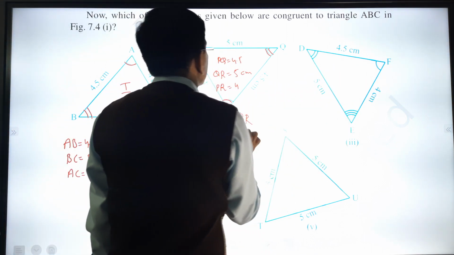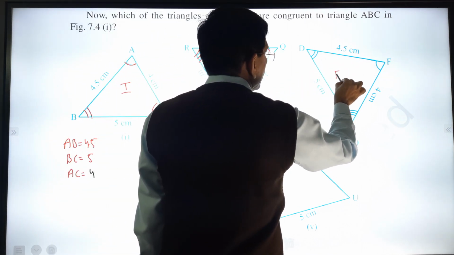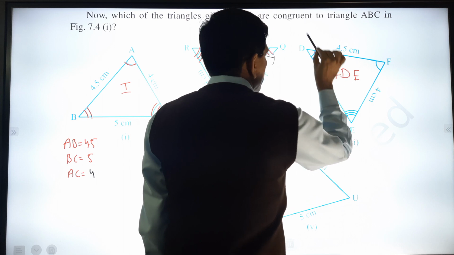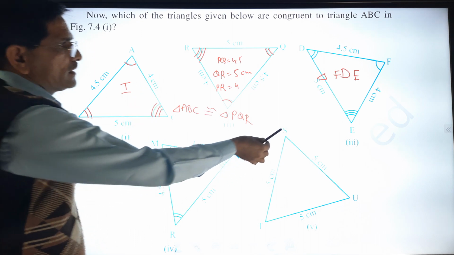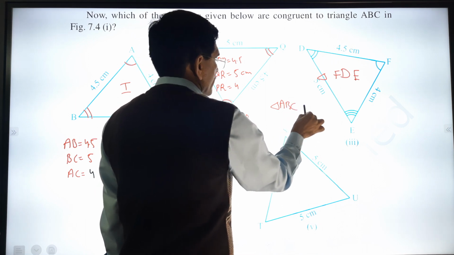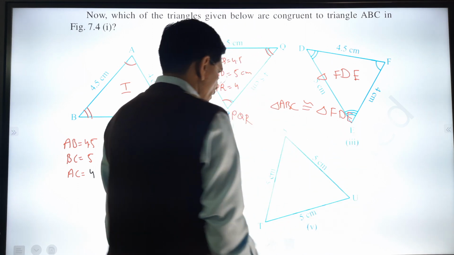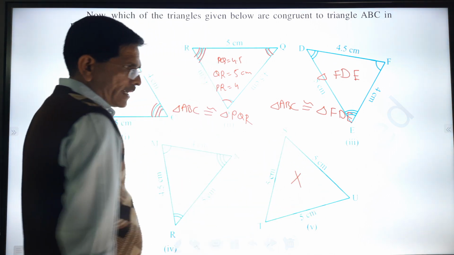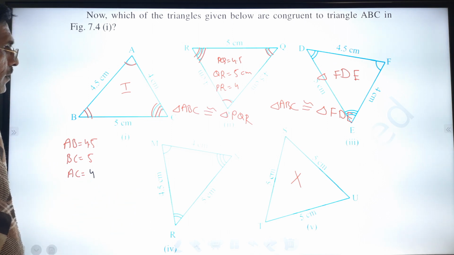We have to write it that way. So triangle ABC is congruent to triangle FDE. That is the way you have to find it out. Here it is not possible. Why? Because three sides are not equal. Here we have to check whether it is possible or not.